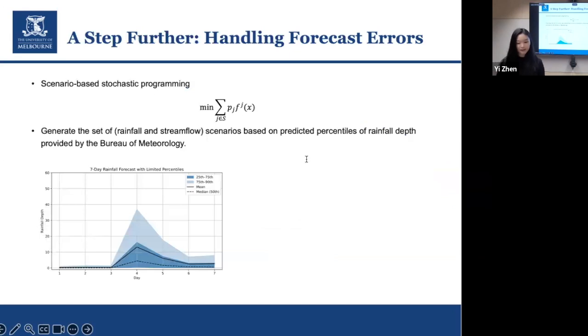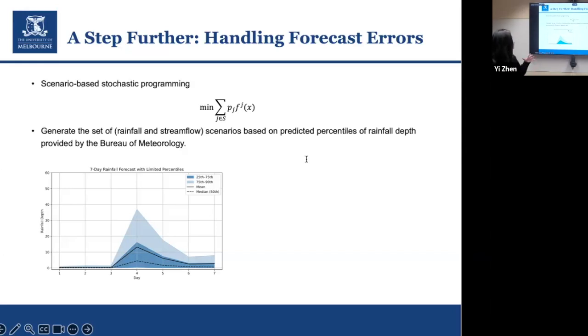So that's what we did next. We took a step further and developed a scenario-based stochastic model to better account for the uncertainties in the forecast. And we try to optimize the expected objective function values over the different rainfall and streamflow scenarios.